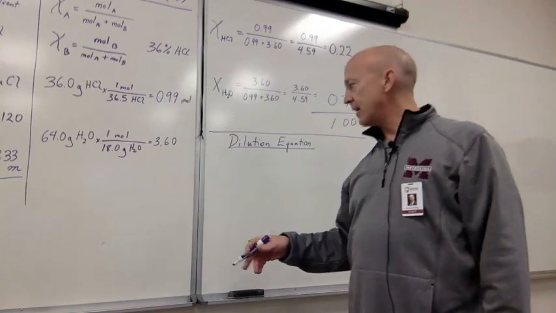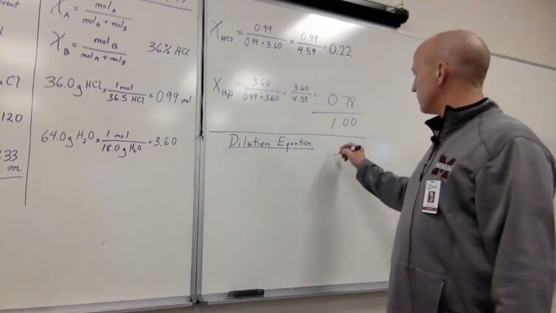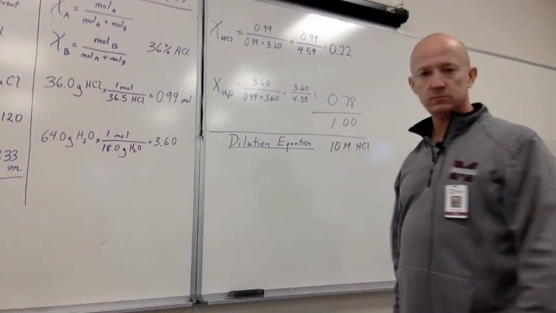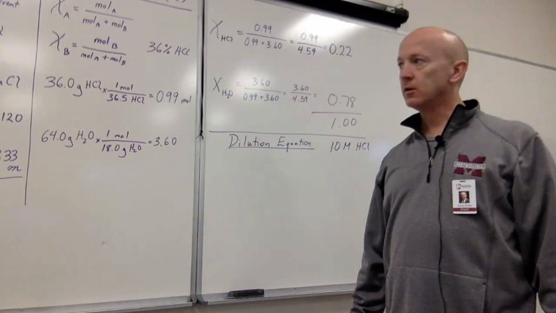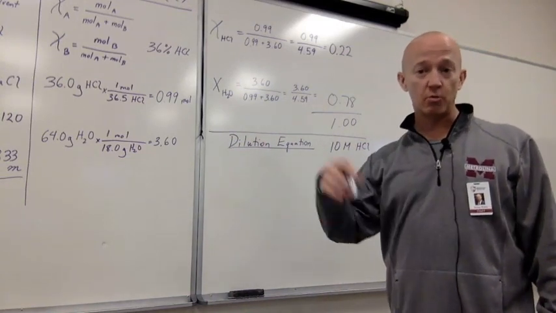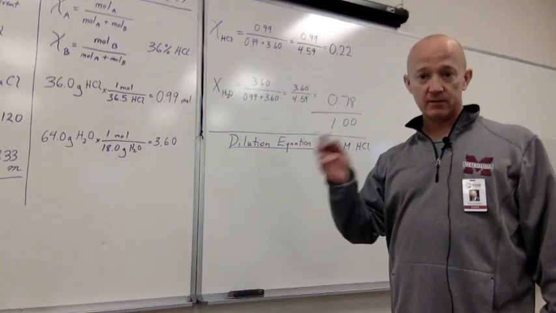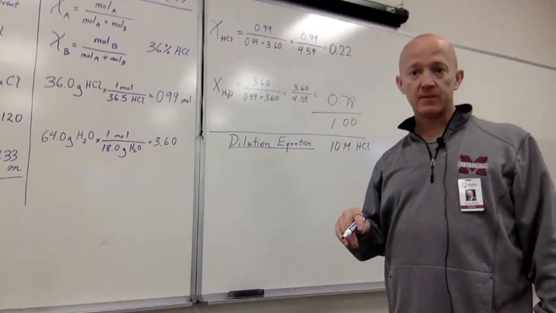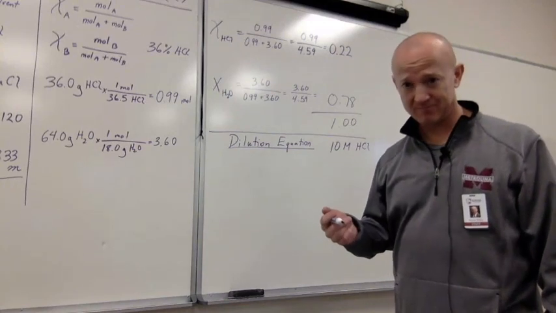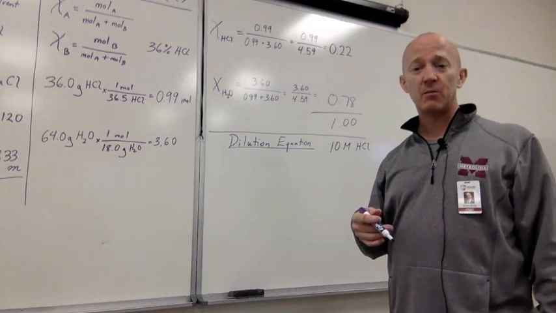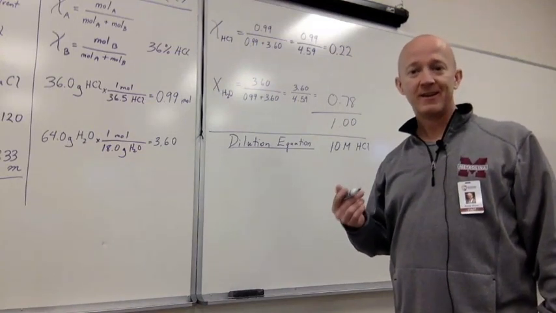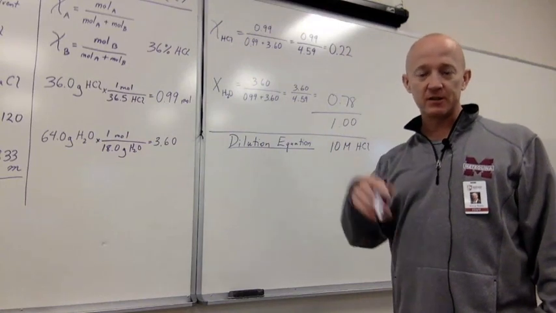Well, let's say I've got 10 molar HCl. In every liter, I have 10 moles of hydrogen chloride dissolved, that's 365 grams dissolved into 1 liter. It's like 3/4 of a pound of hydrogen chloride.